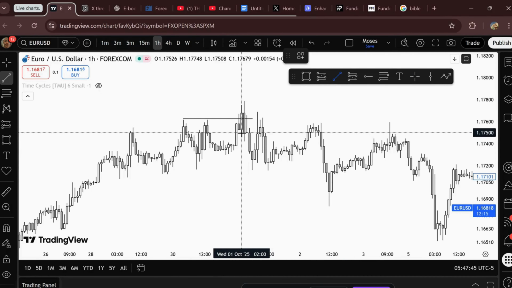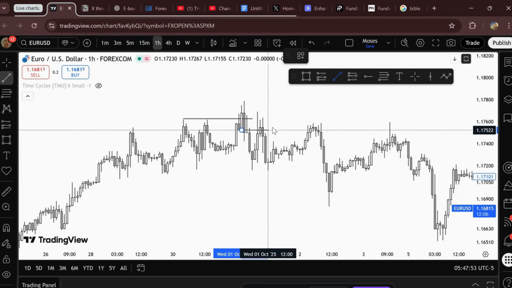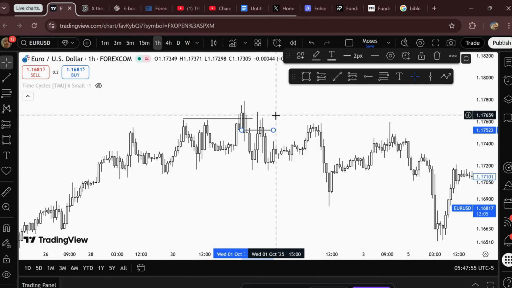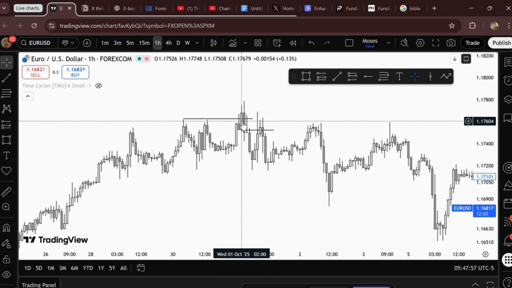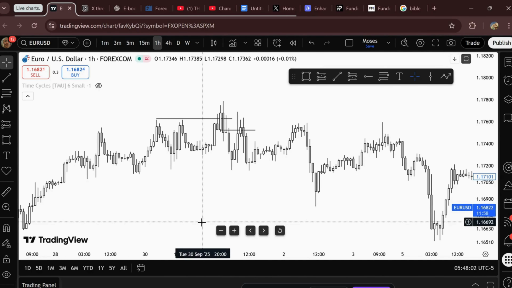And this candle was confirmed a bearish order block as soon as price closed below the open of the up close candle, the so-called bullish candle.